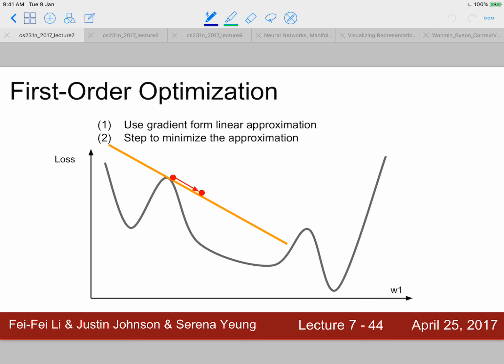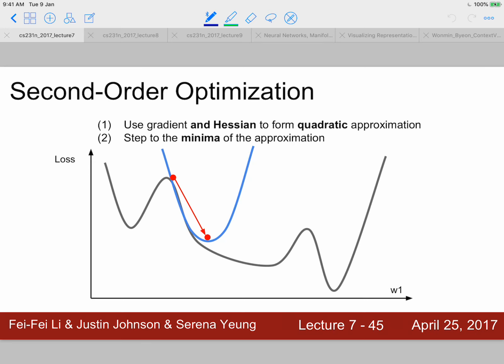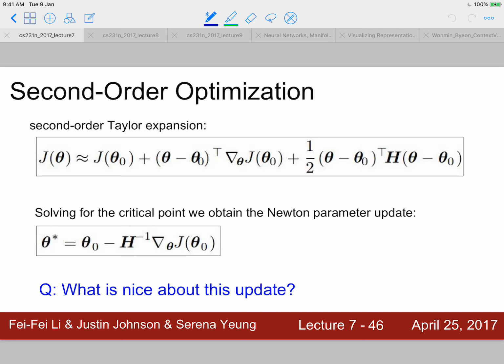And one of the questions posted in the slido.com was about this first order and the second order optimization. So it is related to this Taylor expansion.